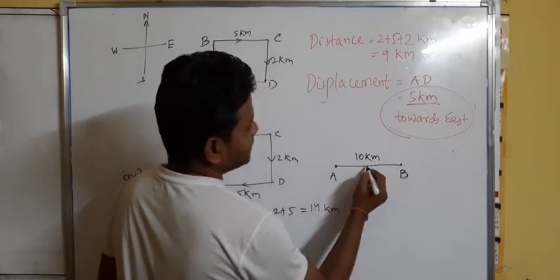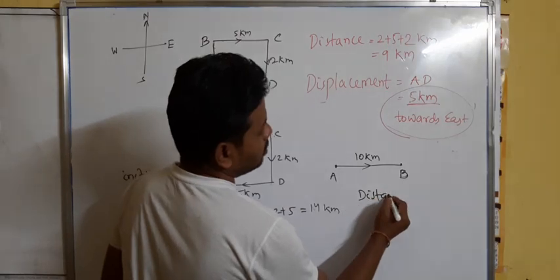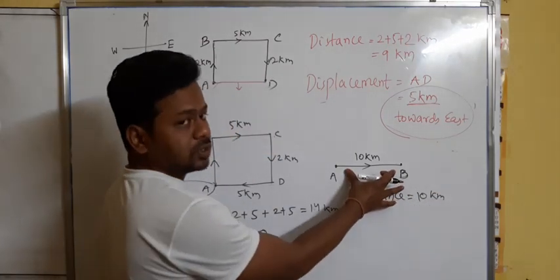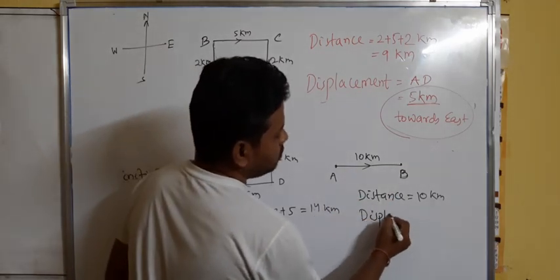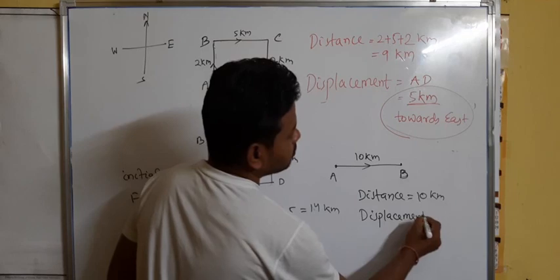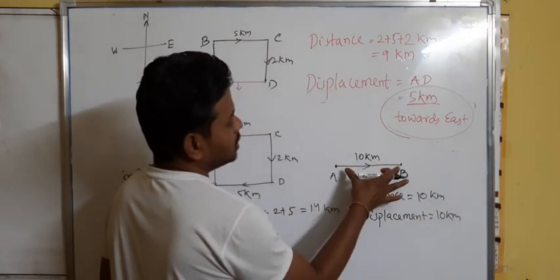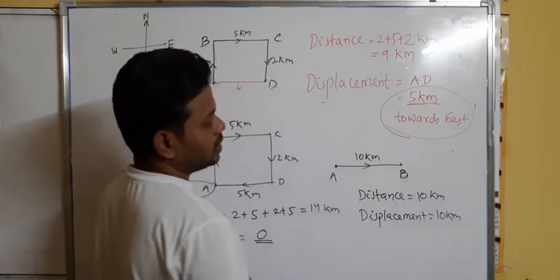In this case, the distance, the path actually traveled by the object, is 10 km, and displacement is also 10 km. Why? Because the shortest distance, the straight path, is also 10 km.